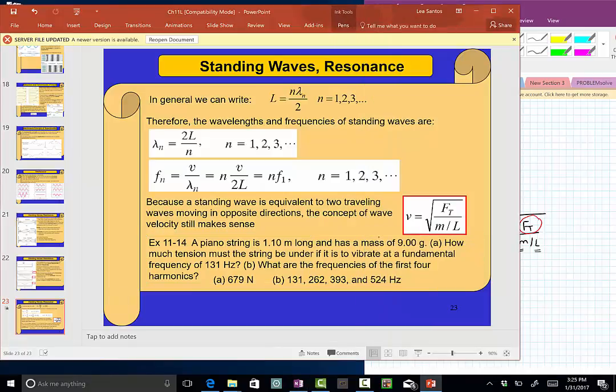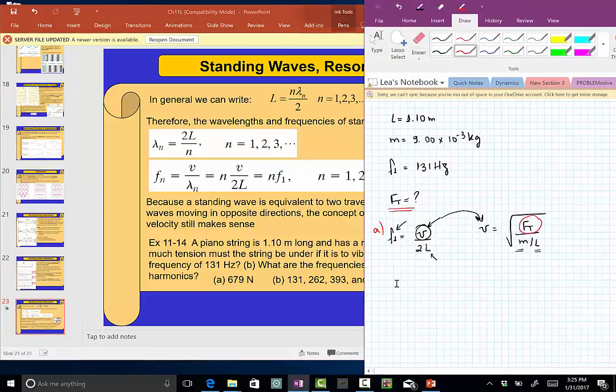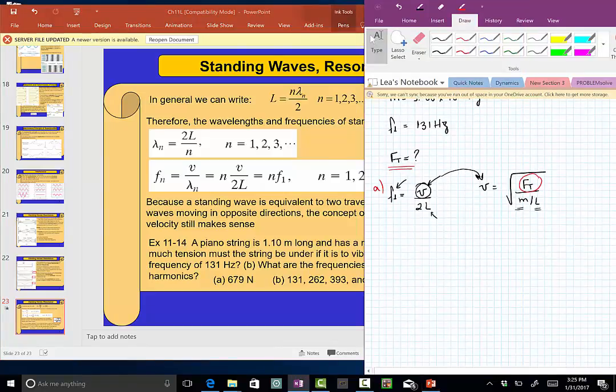Let's have a look at the second. What are the frequencies of the first 4 harmonics? This is very easy because the frequencies just go on increasing. So the question B is, what is the frequency of the first harmonic, the second harmonic, the third harmonic, the fourth harmonic? Well, the first one is given to me, 131 hertz.